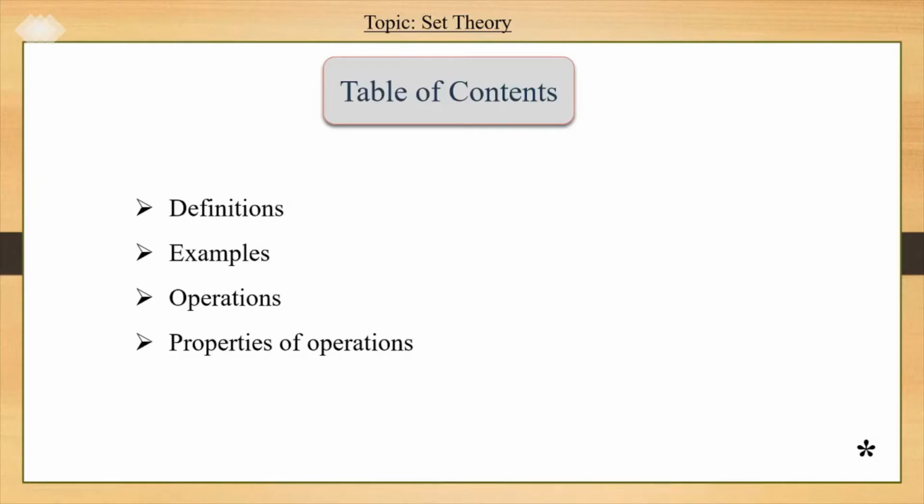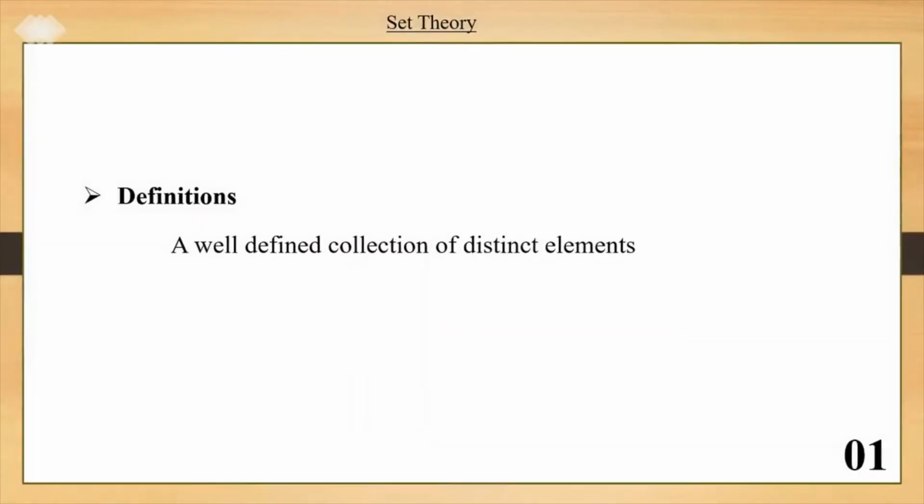We heard the formal definition. What is the definition of a set? A set is a well-defined collection of distinct elements. So a well-defined collection of distinct elements is called a set.